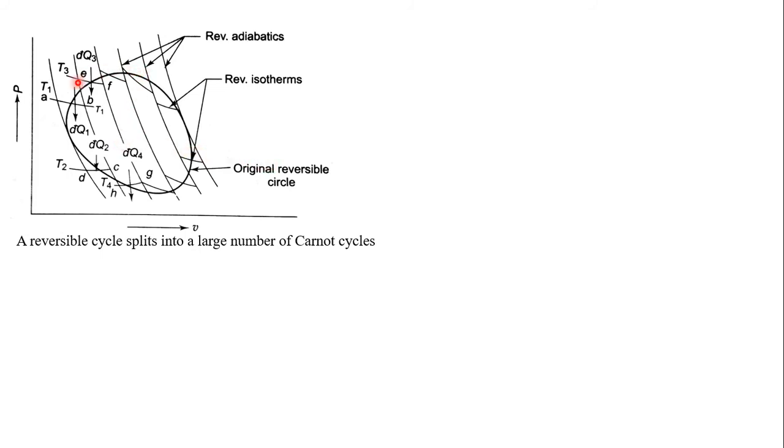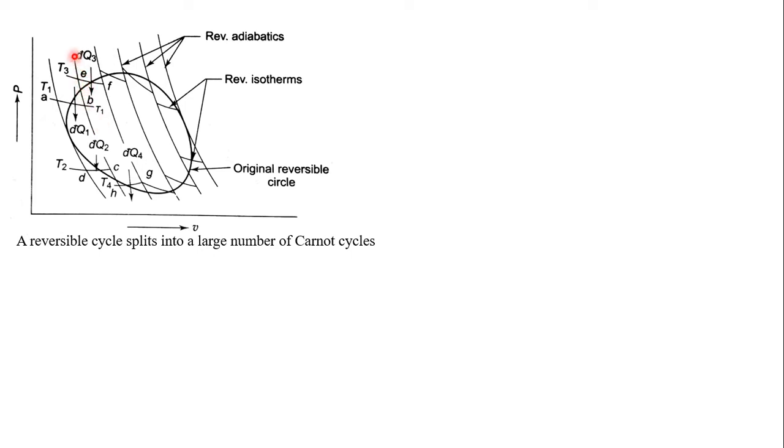This original reversible cycle is split into multiple strips by reversible adiabatics. Here you can see reversible adiabatic 1, 2, 3, 4 like that. Multiple reversible adiabatic curves are drawn over here, and similarly isothermal curves are also drawn. As in the previous case we studied, this was a reversible adiabatic, this is isothermal AB, and again we have a reversible adiabatic.